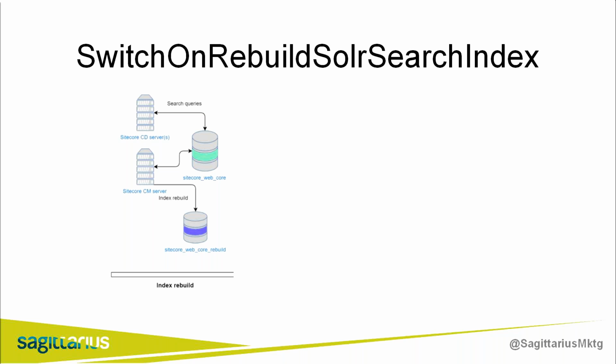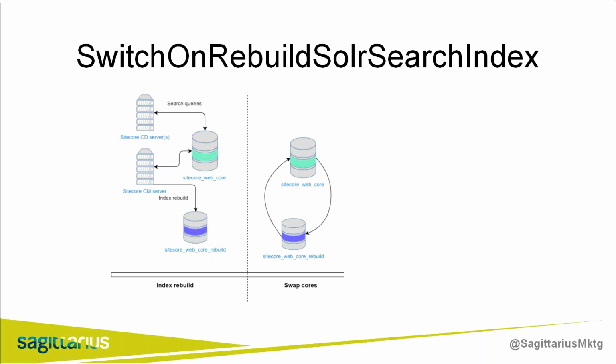When we start an index rebuild, not update. Update is just adding one document to the index. Indexing isn't started from 0 documents, it's just an update or adding something. But when we start from 0 documents, we start from a different index. So one index is active, and CD servers work with it. And during this time, we rebuild the index on another core, which is named rebuild.